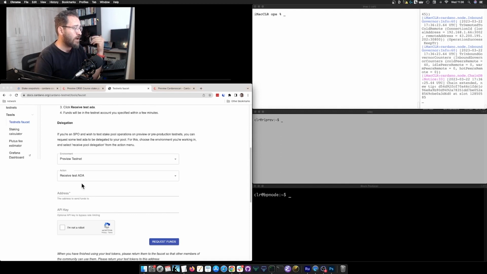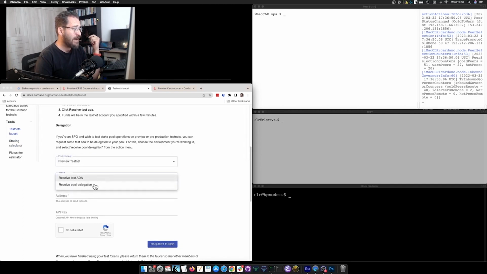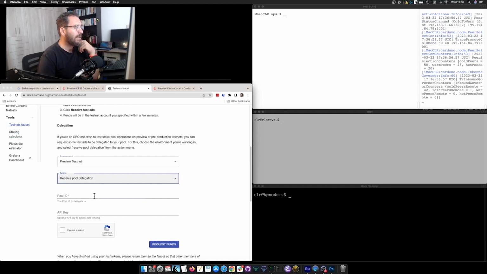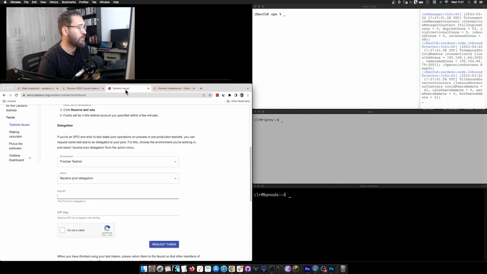And for that, we want to come to the faucet, but this time, instead of receiving test ADA, we want to receive a pool delegation, and it will take our pool ID. Just very important, don't use the hex pool ID. The faucet only works if you use the Bech32 pool ID, right?